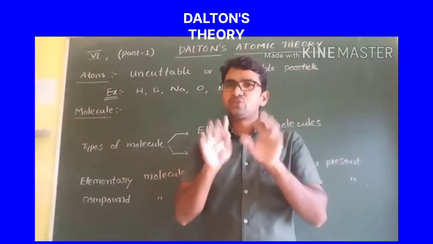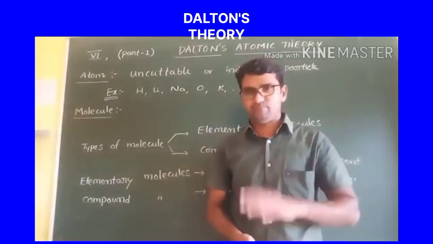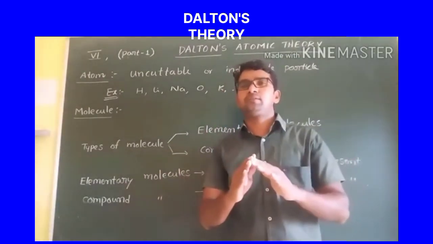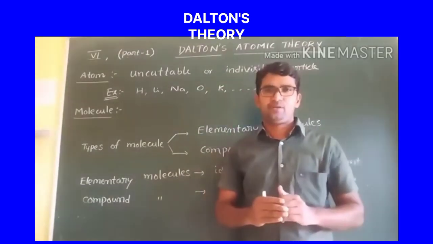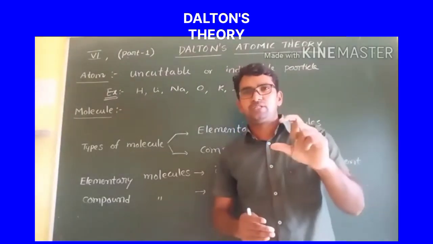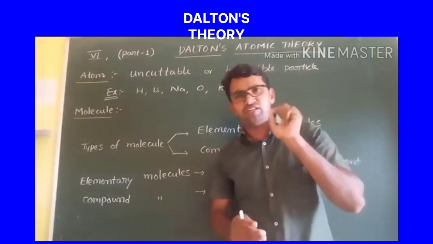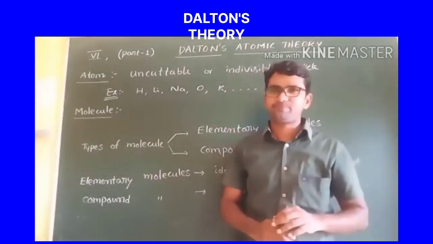Iron rod contains only iron atoms. Those iron atoms are combined by metallic bond. So from the iron rod, take a smaller one. That smaller one is called an iron atom.